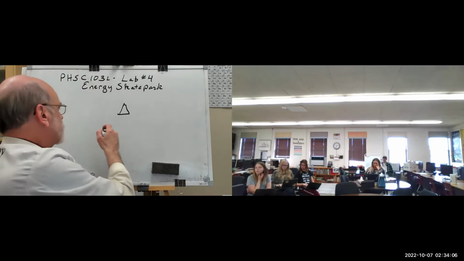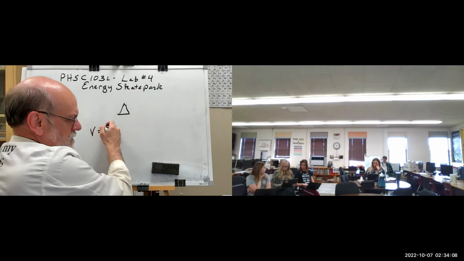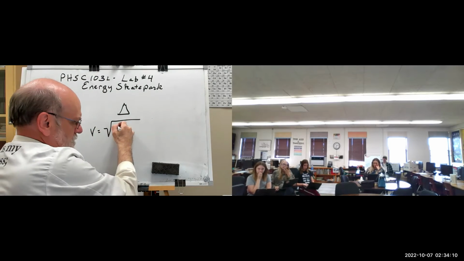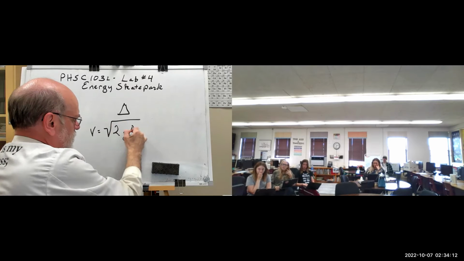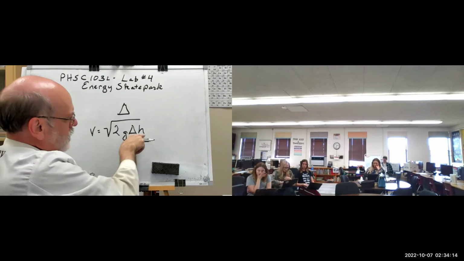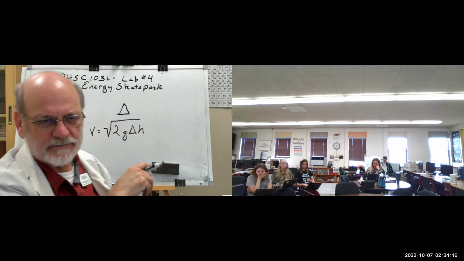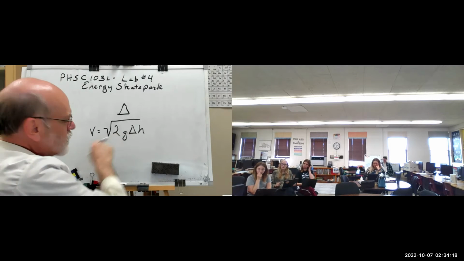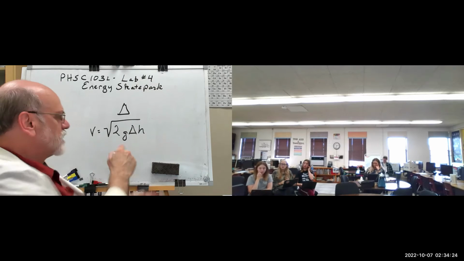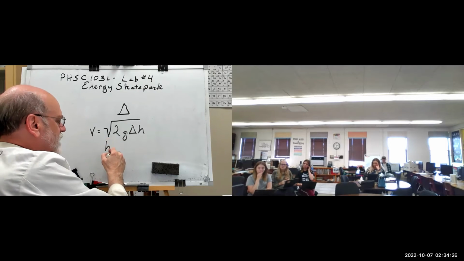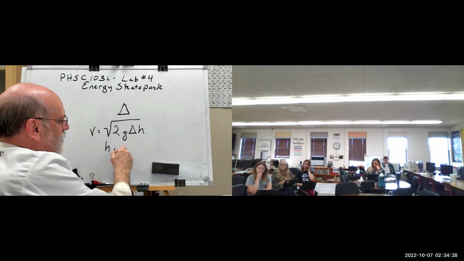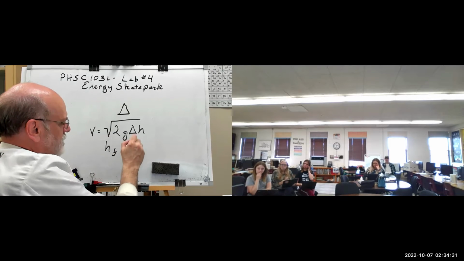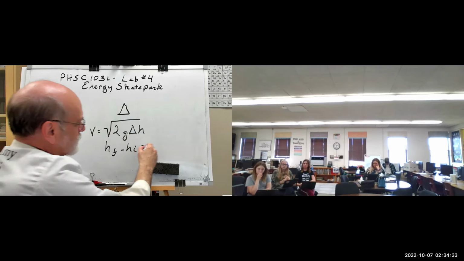In the case of this formula, where h is the height, you want the change in height. How far did he move in height? So you take the final height minus the initial height, and that gives you delta H.